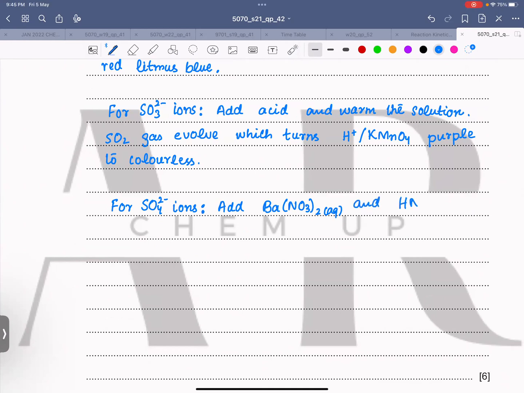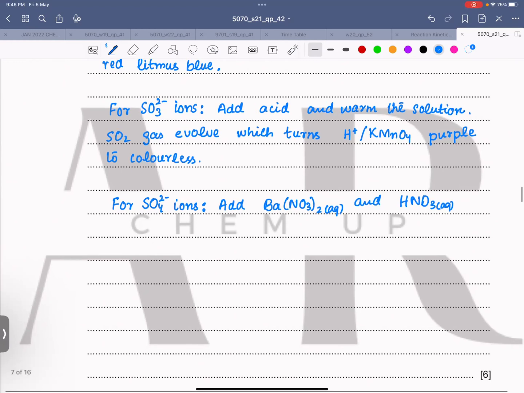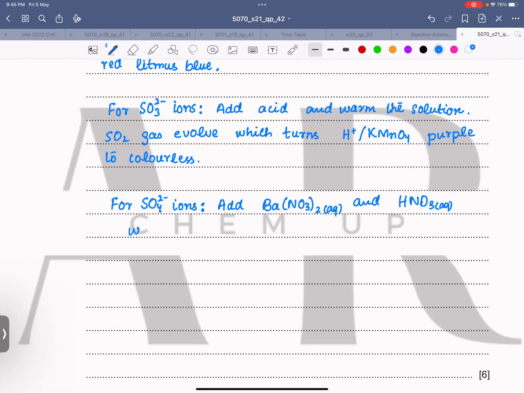And dilute nitric acid as well. White precipitate forms. Is this understandable to everyone? If you have confusion, you would answer, sir. Yes. Okay.